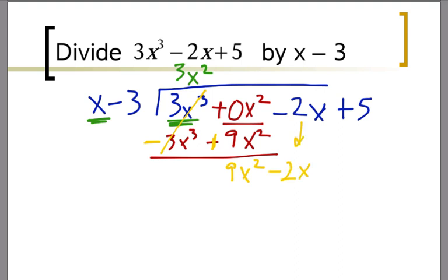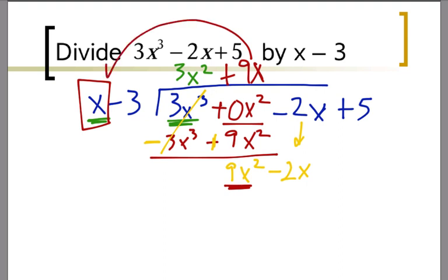So now I ask myself, what multiplies by x to get 9x squared? And the answer is plus 9x. And so now I distribute my 9x times my x and to my negative 3. When I multiply 9x by x, I should get 9x squared.